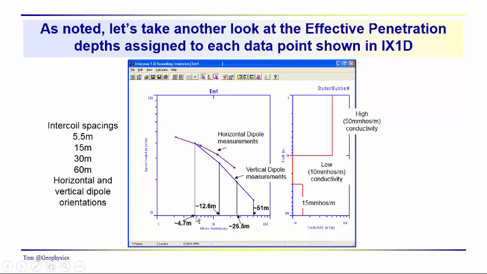And notice that these numbers differ a little bit from the 1.5 times values of the intercoil spacing that are usually used as the rule of thumb estimate for the penetration depth. So we'd have 1.5, 15, 30, and 60 meters. But instead over here in the IX1D plot, we have 4.7, 12.6, 25.5, and so on.